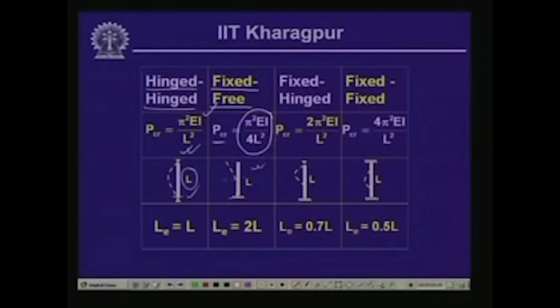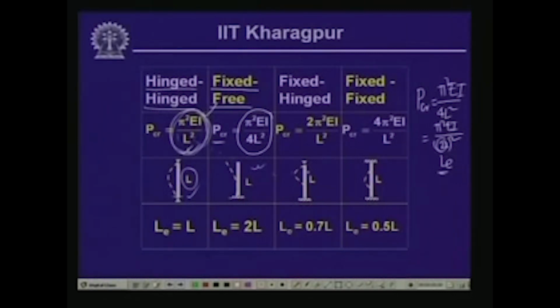We can write this as pi square E I over 2 L square, and this parameter 2 L we call the equivalent single length, which is L E.